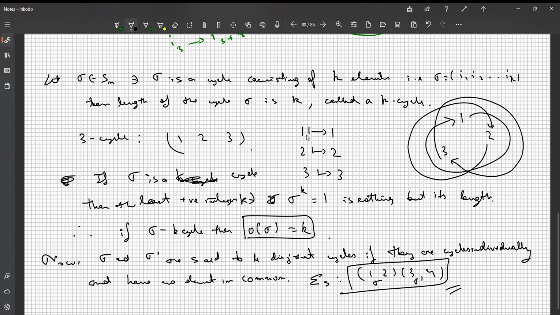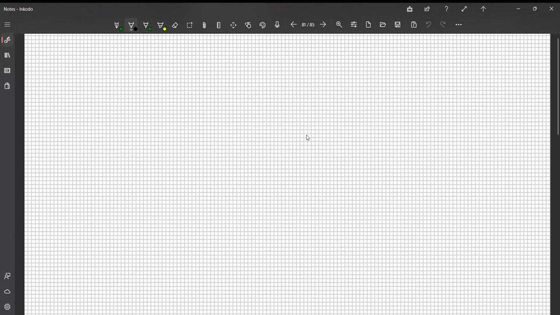For example, just take the cycle (1 2 3 4) as sigma and another cycle with different elements as sigma dash. Then sigma and sigma dash are disjoint cycles because they are cycles and they have no element in common.